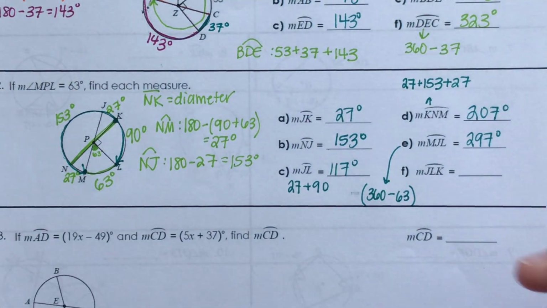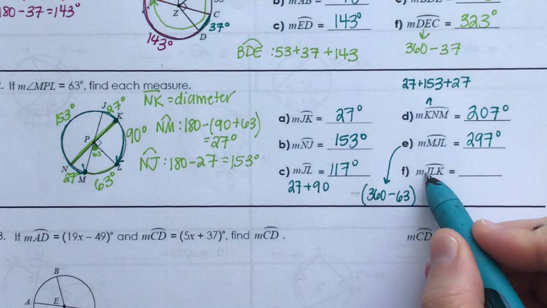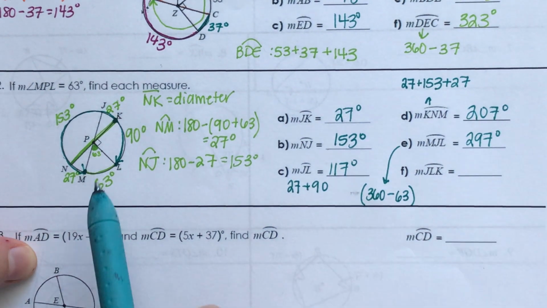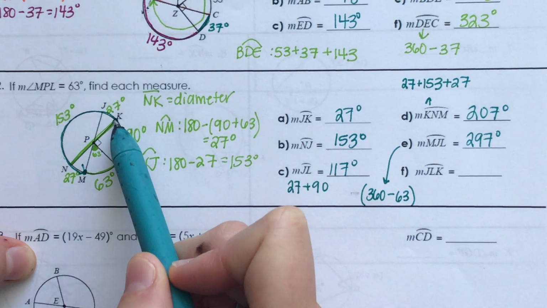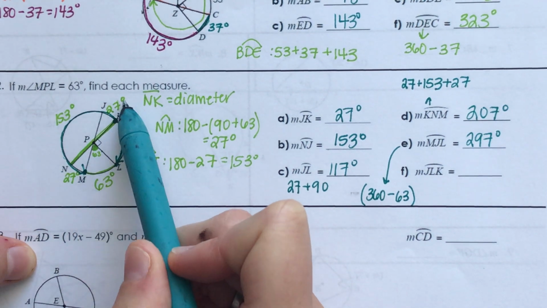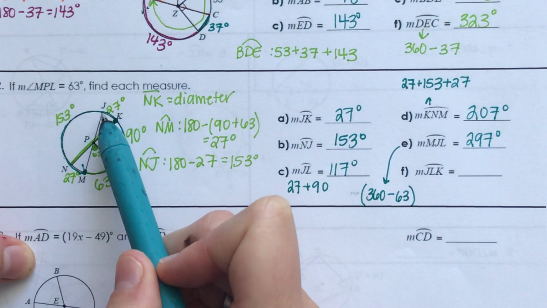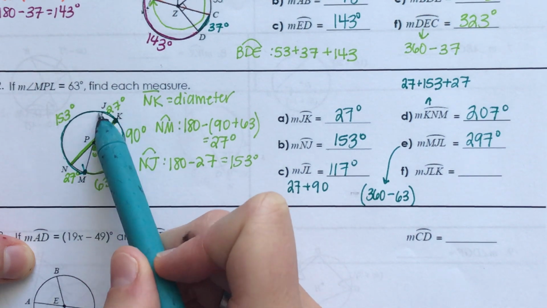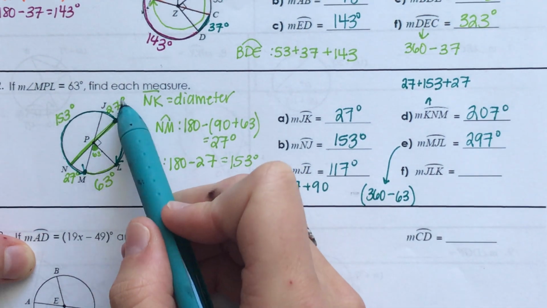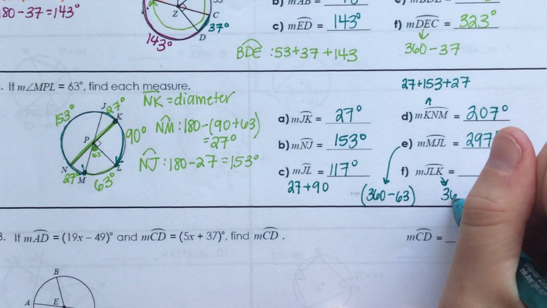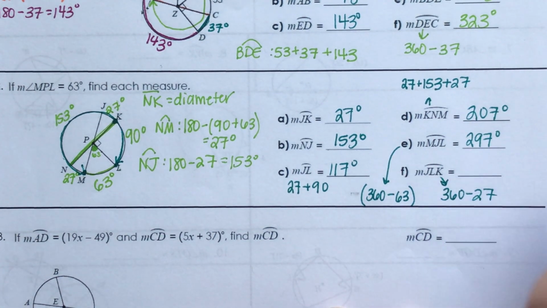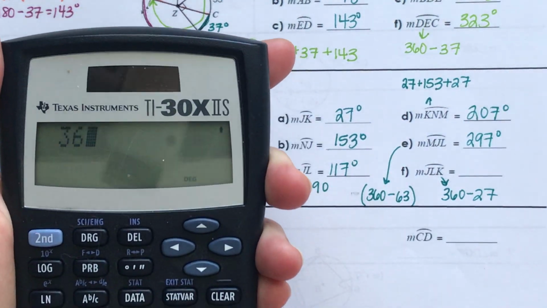Okay? Last one, measure of major arc JLK, J all the way through L, end at K. It's almost a full 360, except you have to take away this little sliver of the pizza or the circle, whatever you want to look at it as, and take away the 27 there. So I'm going to do 360 minus 27.